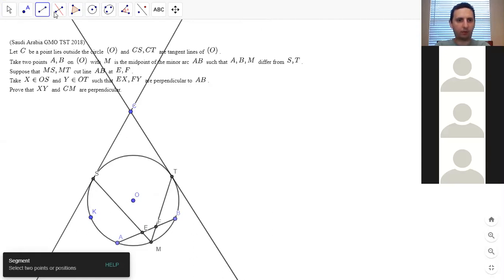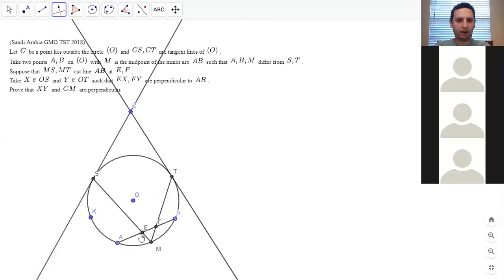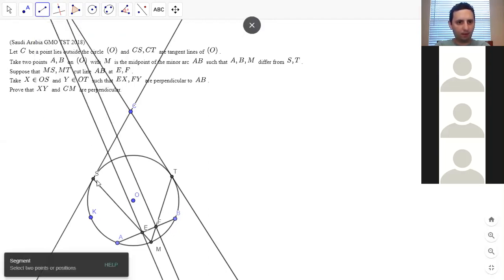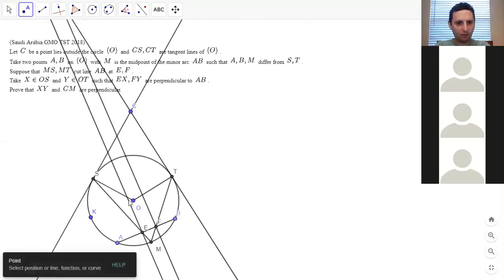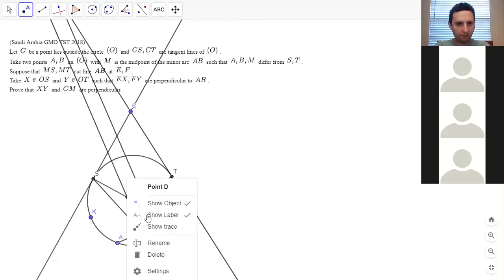This is kind of interesting. So basically we draw the perpendiculars to AB at E and F, and we see where they meet OS and OT. That's weird, but okay. And we want to show X, Y, and CM are perpendicular. So this is X, and that's Y.